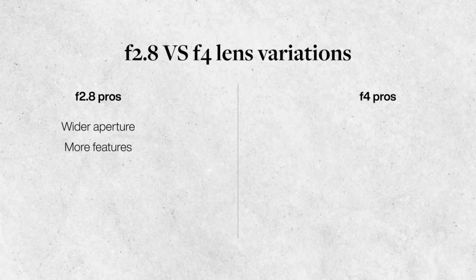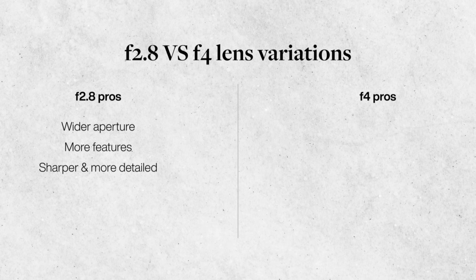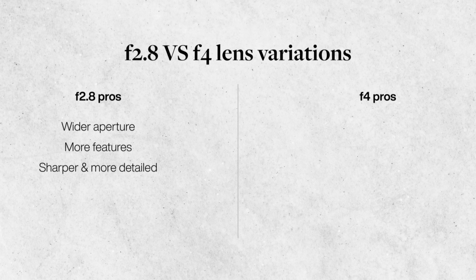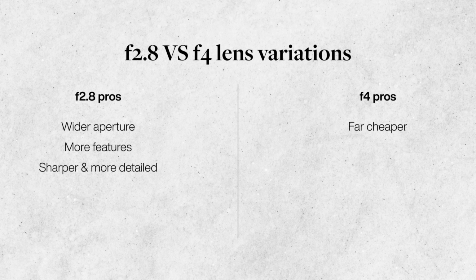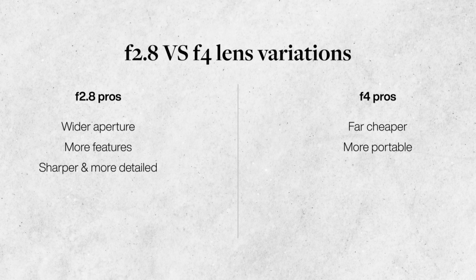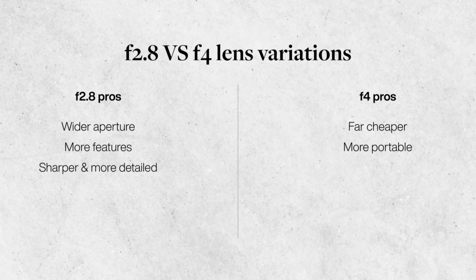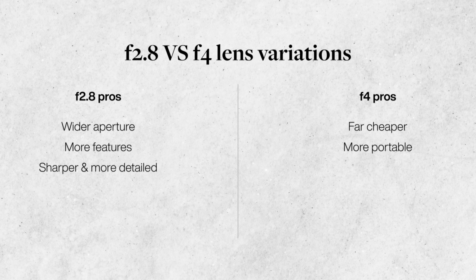And they are also usually sharper and more detailed than their f4 counterparts as well. However, the downside is that they are usually far more expensive. Like we're talking thousands of dollars here, and they're also usually heavier and physically bigger than their f4 counterparts.